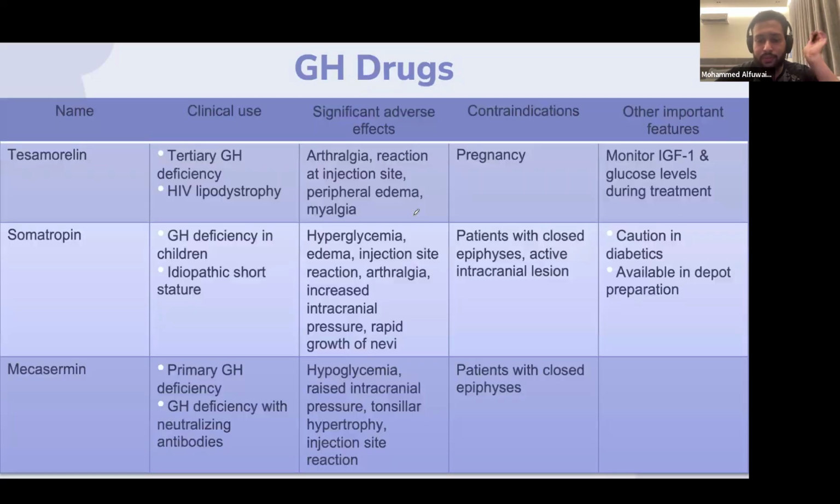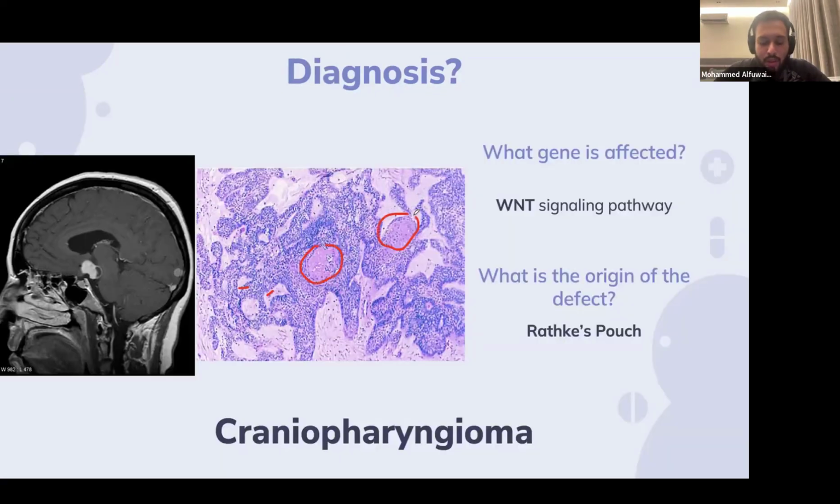Okay. Now, before I go to the drugs you can give to replace growth hormone, let's talk about if someone has so much growth hormone, if they have acromegaly, and you were to use a certain drug to antagonize growth hormone, to decrease the growth hormone secretion, which drug do you give?